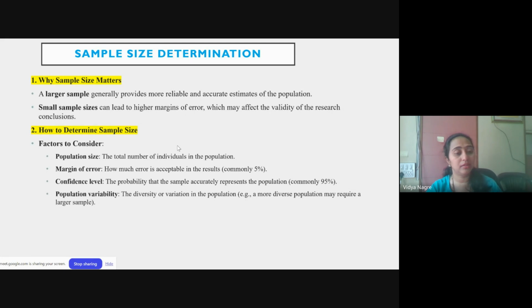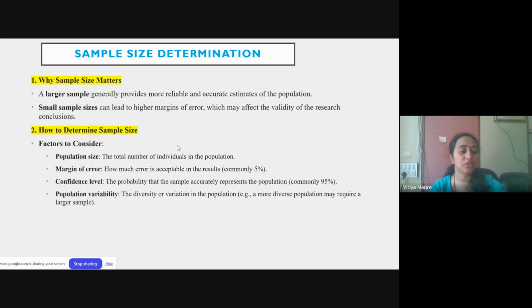The probability that the sample accurately represents the population. Commonly, 95% is used by people who are into probability sampling. So you have to make sure the accuracy ratio is high, like 95%, and the margin of error should be only 5%.